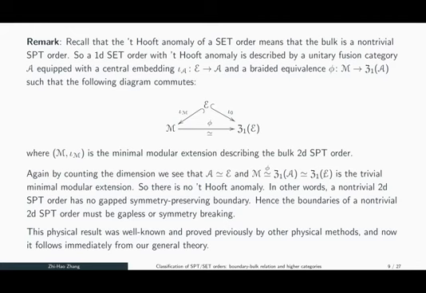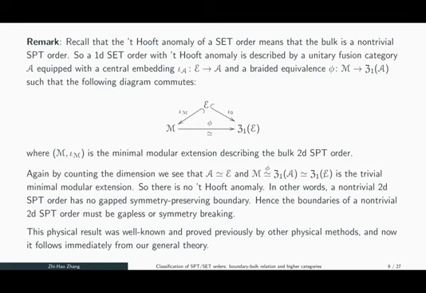Okay, so implicitly, I want to make sure of this fact. You can view any SET or SPT as a topological order, right? After gauging the symmetry. But A is simultaneously your SET and the topological order when you forget this symmetry, so that you can compute the center of A, right?